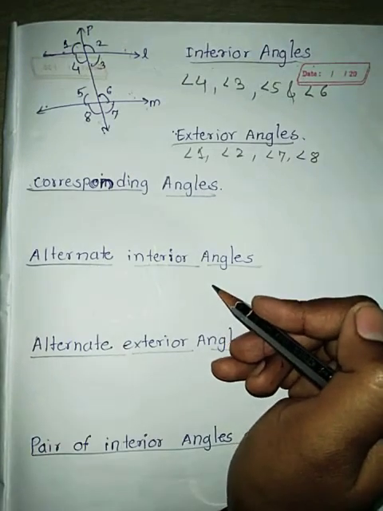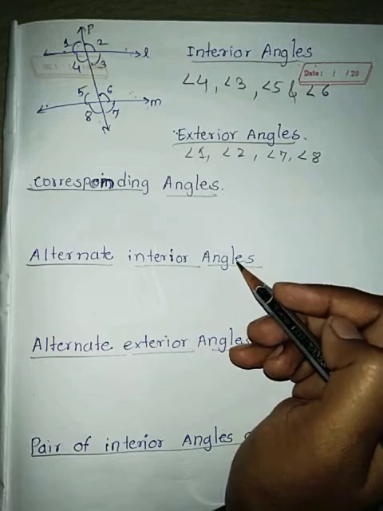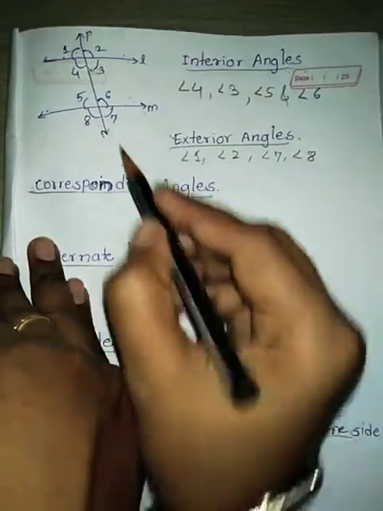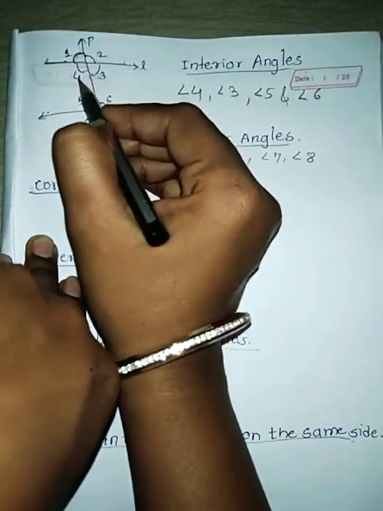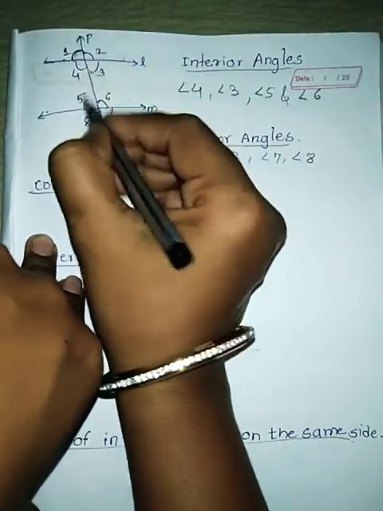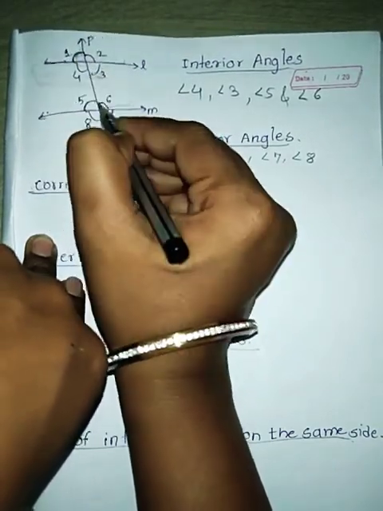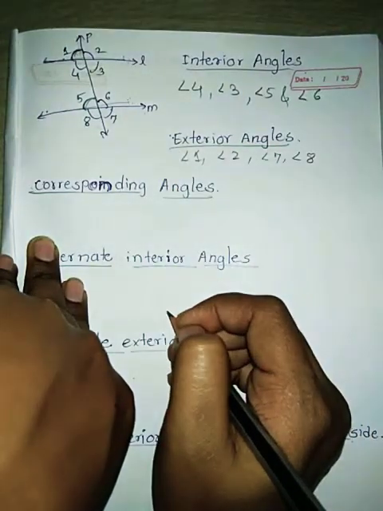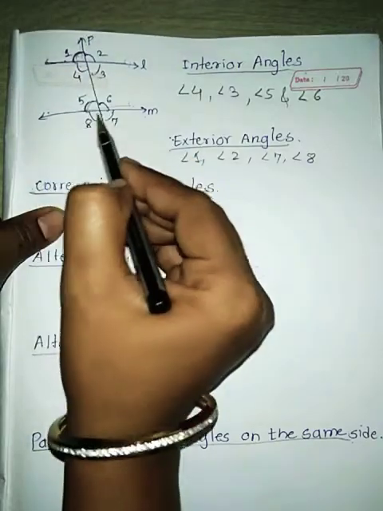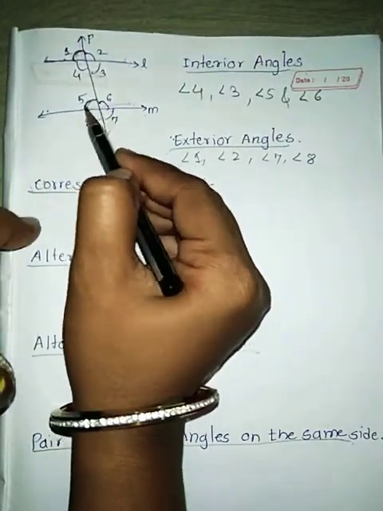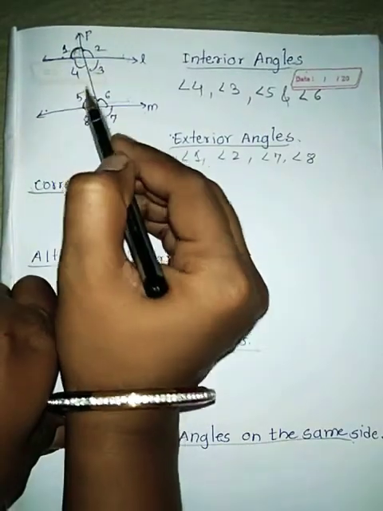Now the corresponding angles. Corresponding angles means, see here, this line P and this upside angle. Now this line cuts here and this upside angle. So this angle and this angle are called corresponding angles of each other. The upside angle on the left side and the upside angle on the left side are corresponding angles of each other.